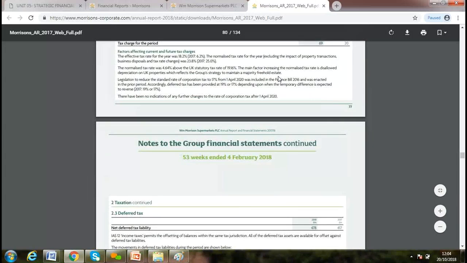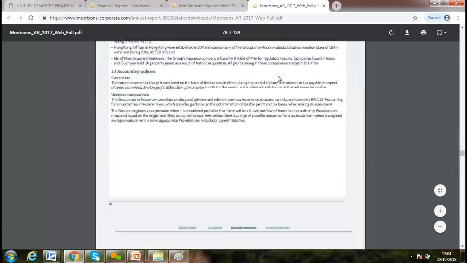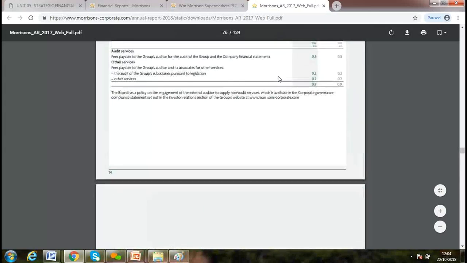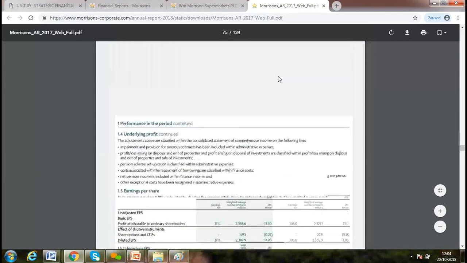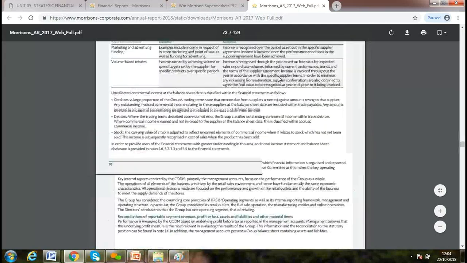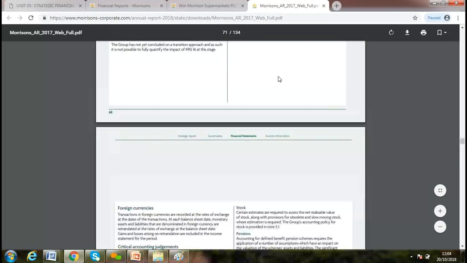They're working as a group. If we go back to the original, all these are notes and sub notes to read, which we don't need. You just need the figures to compare to address this learning outcome.